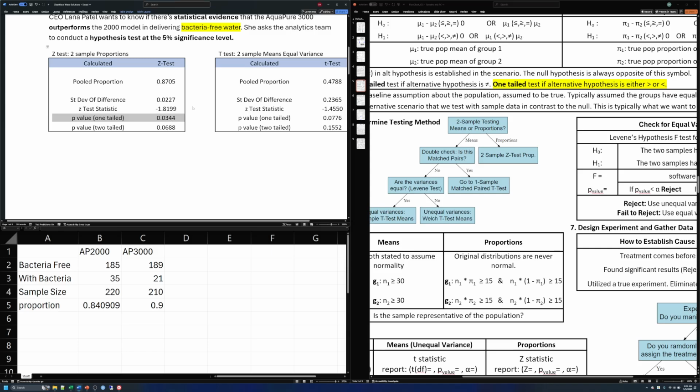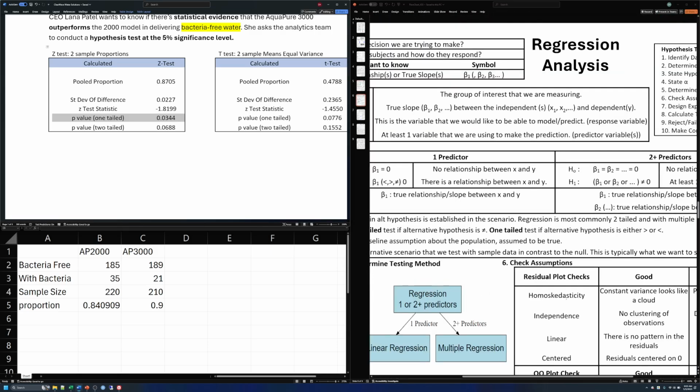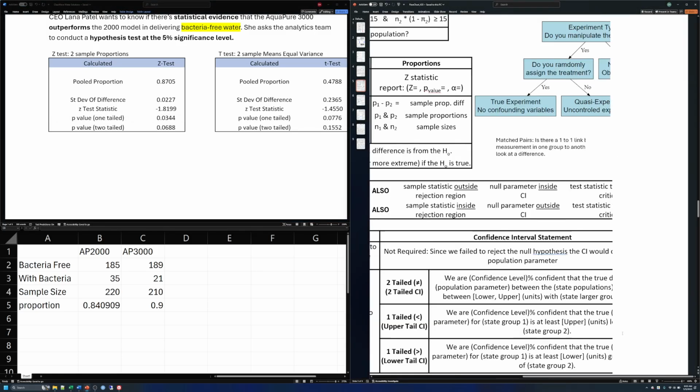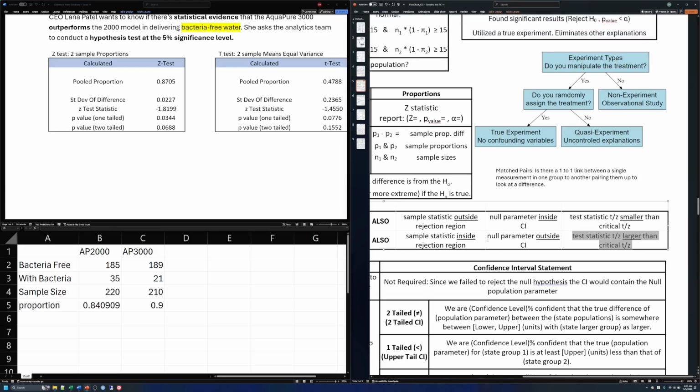Now remember, there are some other ways that we can reject the null hypothesis as well. Let's take a look at an alternate methodology. So down again in step 9, we can see that we could also compare if the test statistic is larger than the critical value. I think that is provided to us in one of our steps.